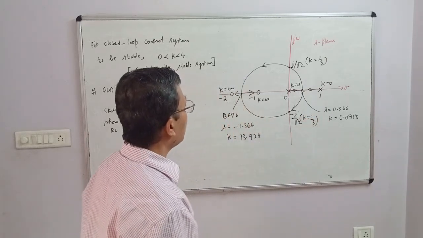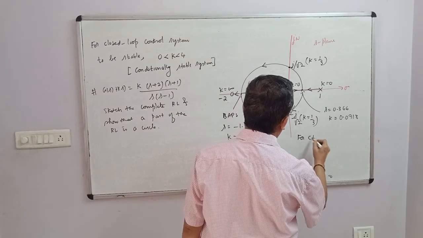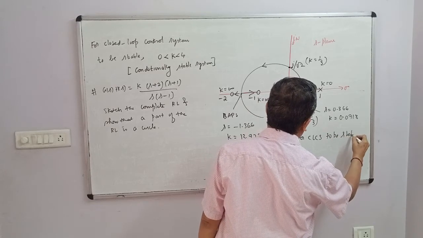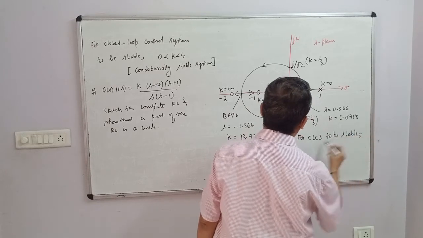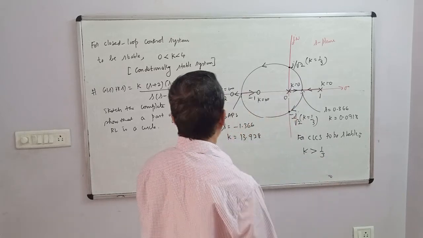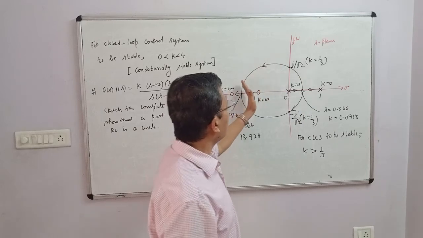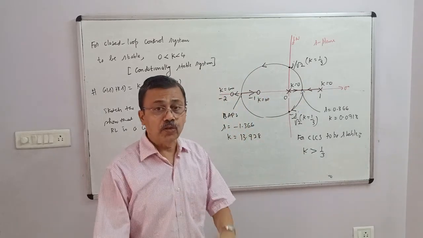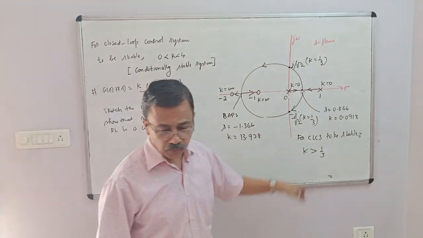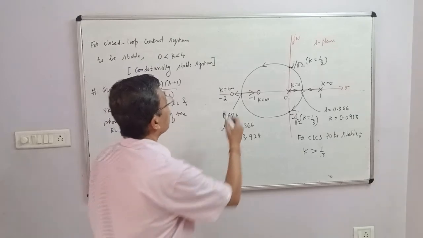So for closed loop stability, please watch. For a closed loop control system to be stable, k should be greater than 1 by 3. For k equal to 0 to k equal to 1 by 3, the root locus is on the right hand side of the S-plane. These values of k must be avoided. Therefore, for a closed loop control system to be stable, k should be greater than 1 by root 3.